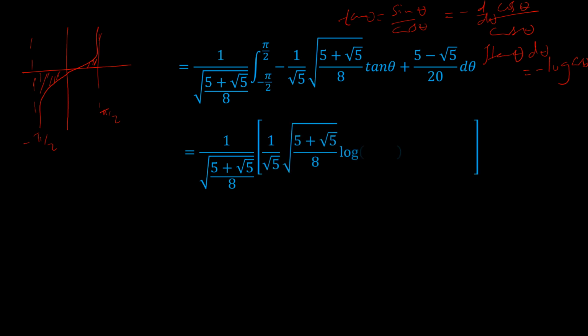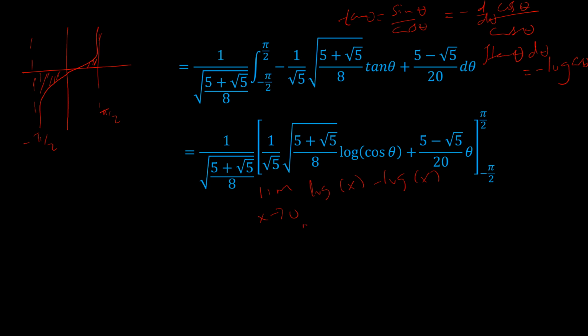So once we have natural log cosine theta here, at pi over 2 cosine theta is 0 and at negative pi over 2 cosine theta is 0. So this is the same as limit as x tends to 0 of log x minus log x, right?